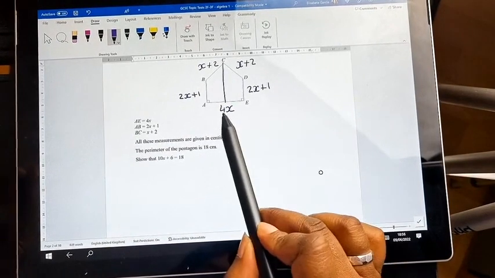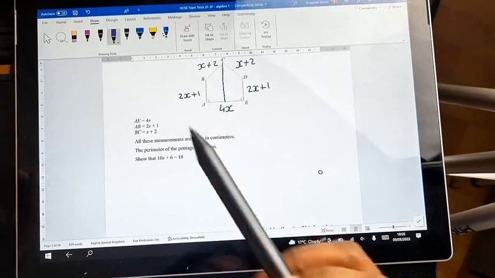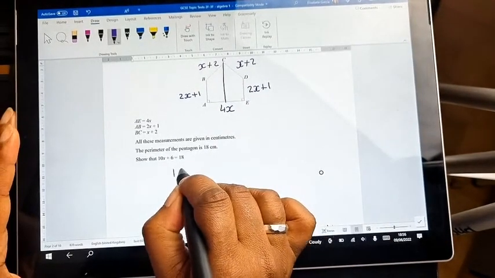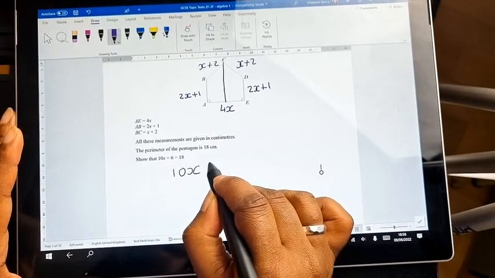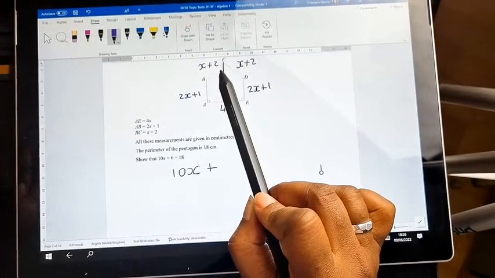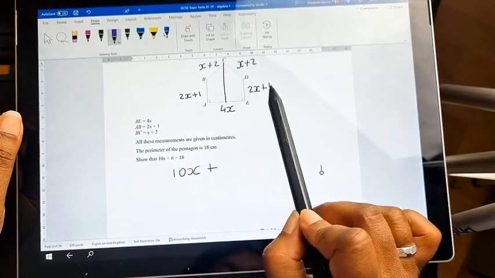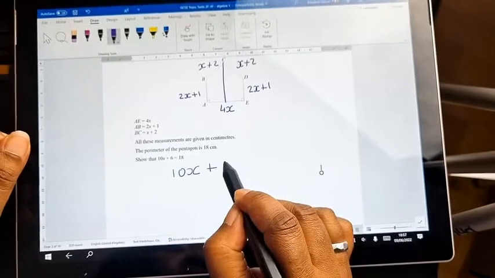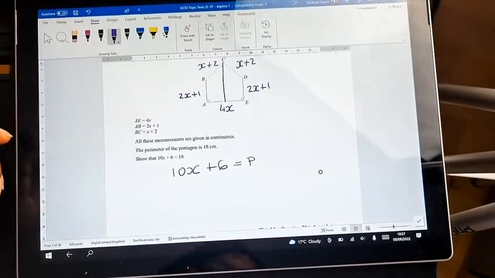So we have 4, 5, 6, 7, 8, 9, 10. So we have 10x plus how many units have we got? How many number values have we got? So we have 2, 4, 5, 6, plus 6 is equal to the perimeter.